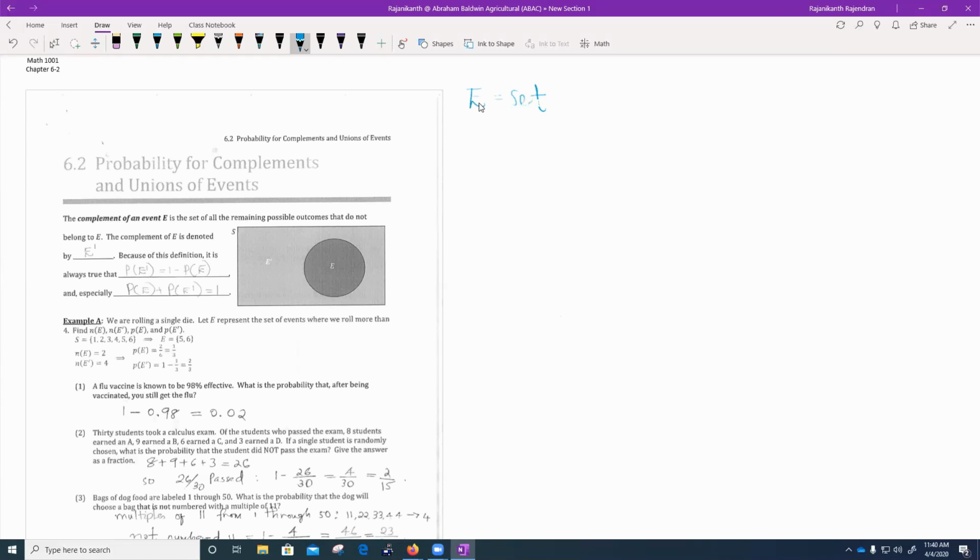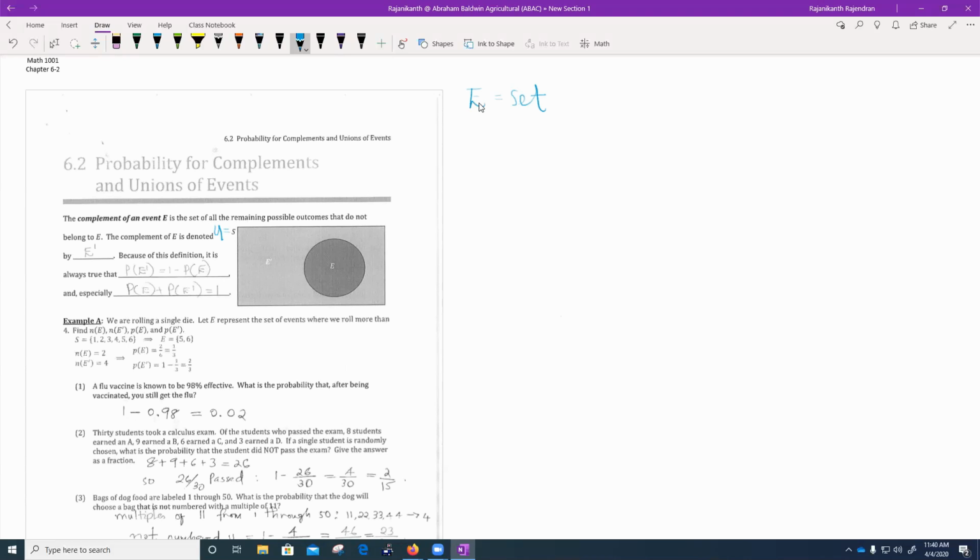If you look here, the Venn diagram is very clear that E prime is here, outside of E. Therefore, whatever outcomes come from outside of E are in E prime. In set theory, the sample space was my U, the universal set. Here, instead of U, we are using sample space S.